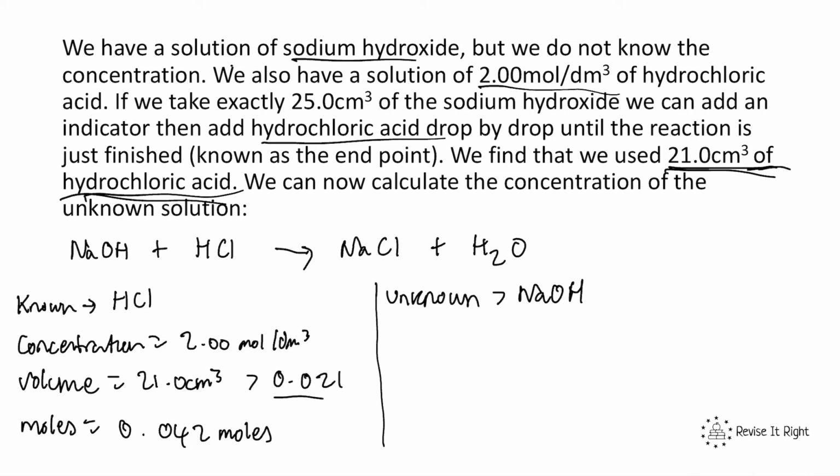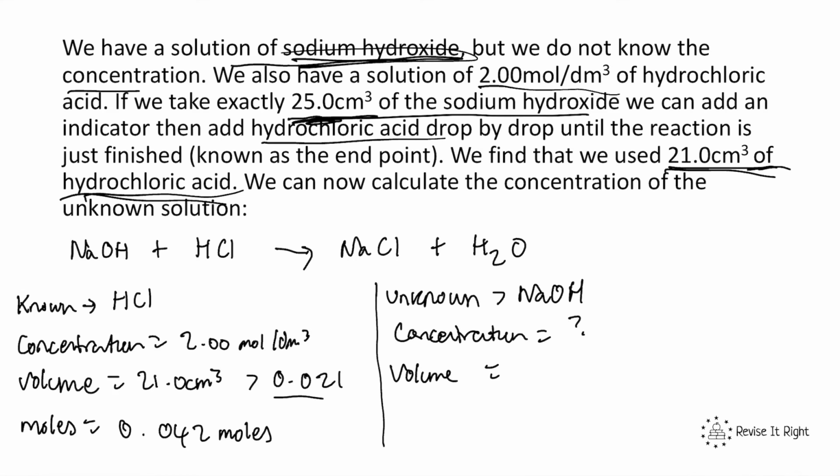We don't know the concentration, so that's the unknown. We're going to write concentration underneath as a question mark, and then the volume that we've got. So we take exactly 25 centimeters cubed of sodium hydroxide. We're going to convert that by dividing it by 1,000 into decimeters cubed.